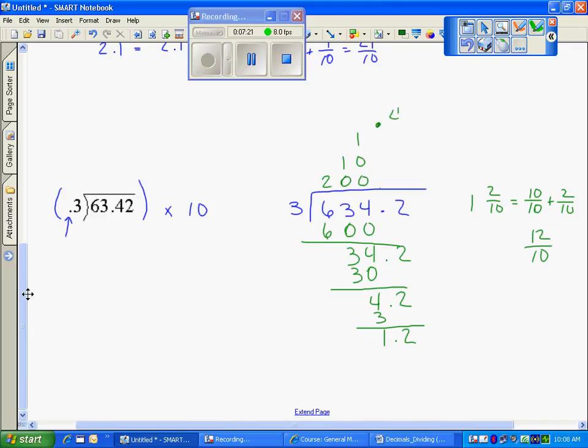There are 4 tenths because I'm in tenths mode. Notice what happened. My decimal point just goes straight up, and that's where it lands. So to the left of the decimal, I have 211, and on the right of the decimal, I have 4, or 4/10.